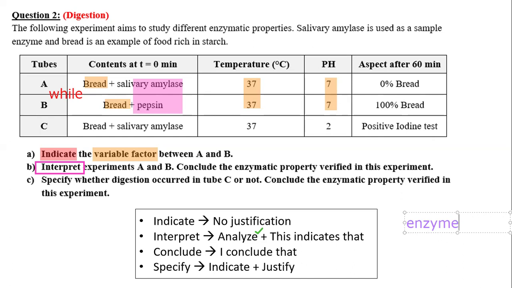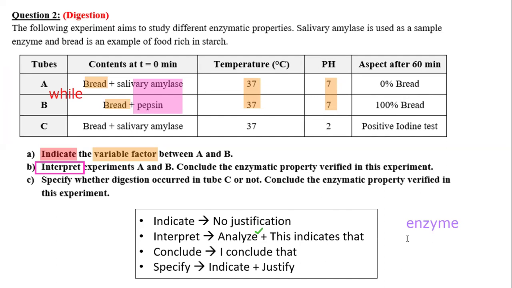How did this affect the results? With pepsin, the bread remained 100%. Digestion did not happen. The bread remained 100%, but with amylase the bread disappeared. So when we changed this, the results changed. This is what I have to mention in the indication. I have to put the variable factor with the result.